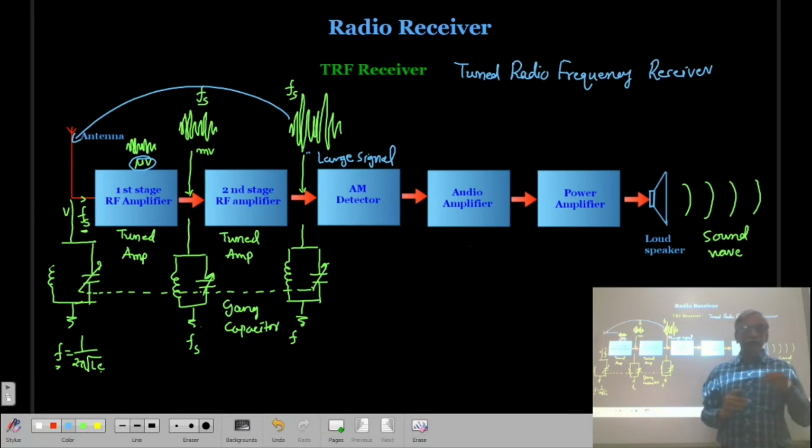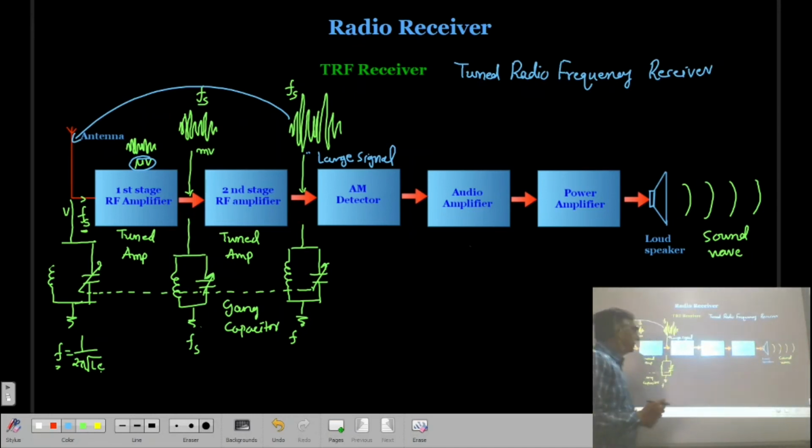This radiation will be picked up by the antenna if the antenna is near to that stage of the amplifier. So if a fraction of the signal enters this antenna, then what will happen? This is a kind of feedback signal.